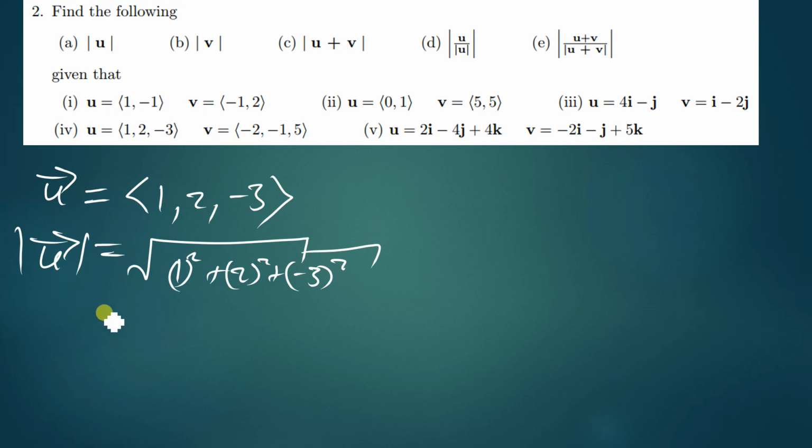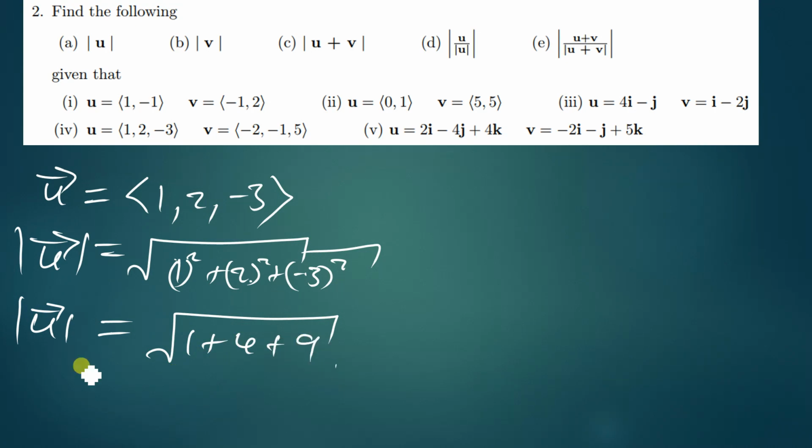So that is 1 plus 4 plus 9. 1 plus 4 gives us 5, plus 9 gives us 14. So the magnitude of this u gives us the square root of 14.